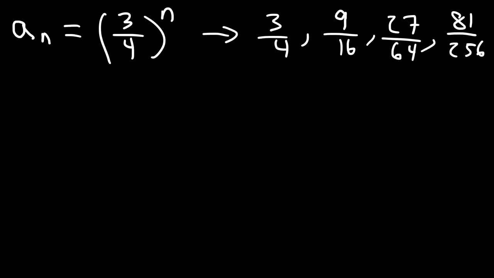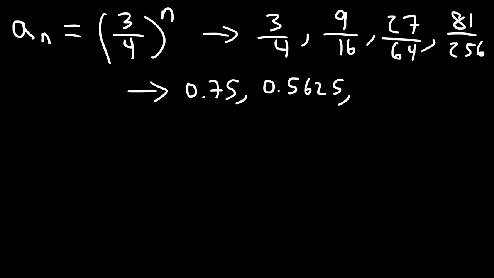So 3 over 4 is basically 0.75. 9 over 16, that's 0.5625. 27 over 64, I'm going to start rounding these, so that's like 0.4219 approximately.